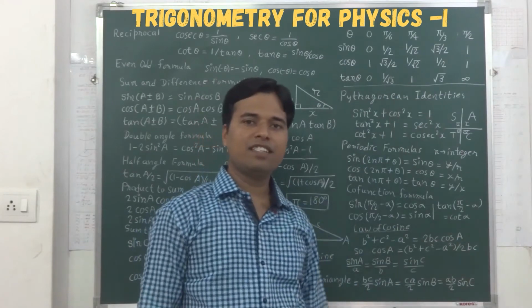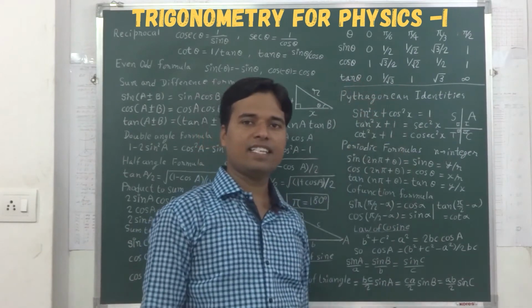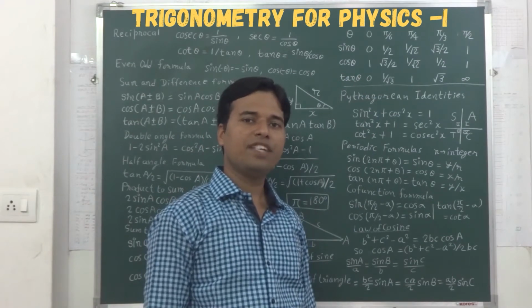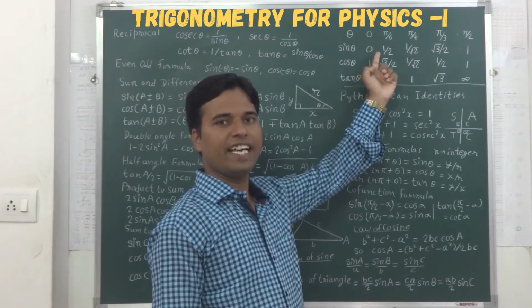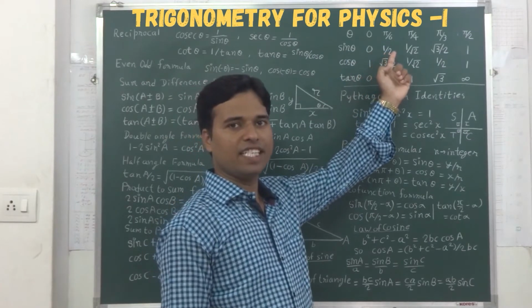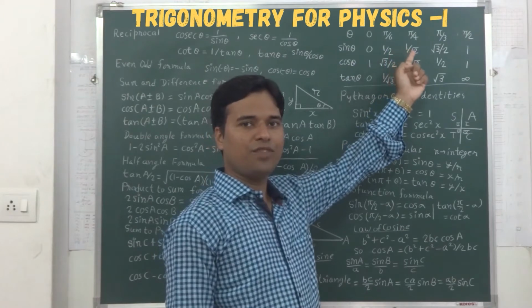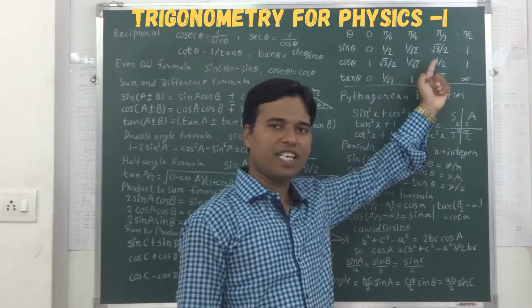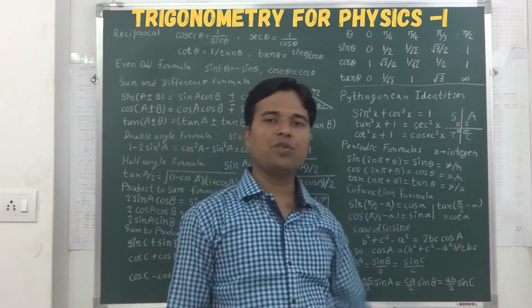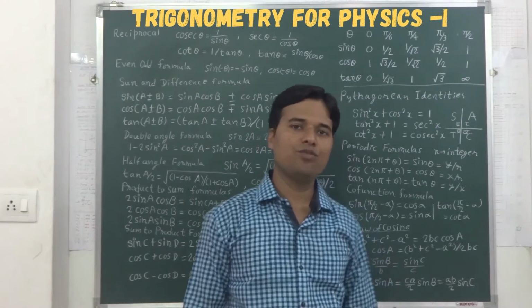You have learned the values of sin theta, cos theta, tan theta in your previous classes as sine of 0 degree is equal to 0, sine of 30 degree is equal to half, sine of 45 degree is equal to 1 upon root 2, sine of 60 degree is equal to root 3 by 2, sine of 90 degree is equal to 1.